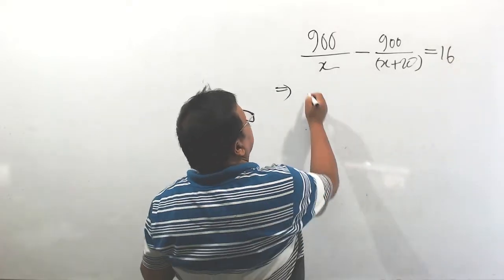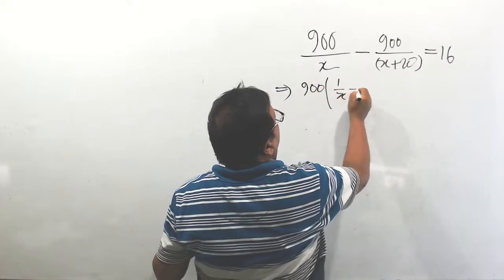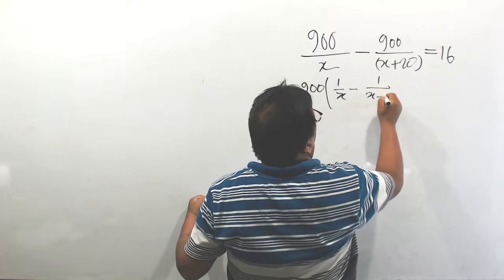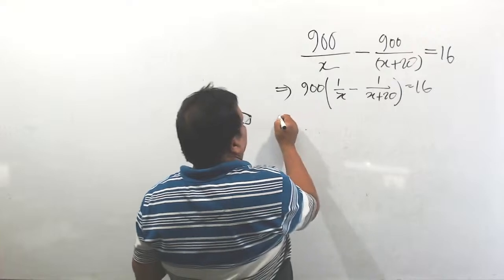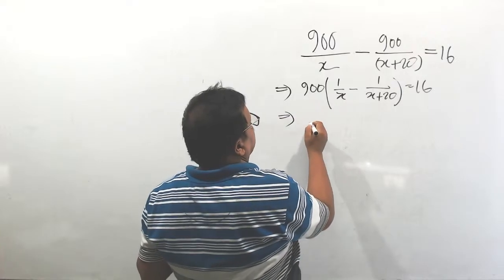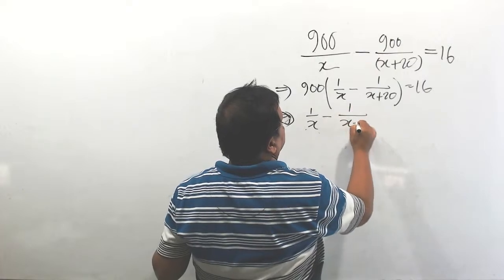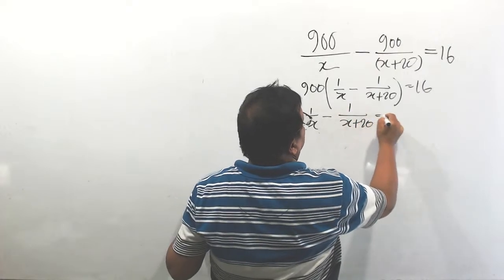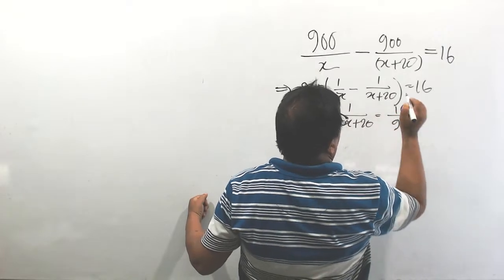Then take common 900. That is 1 by x minus 1 by x plus 20 is equal to 60, which implies 1 by x minus 1 by x plus 20 is equal to 16 by 900.